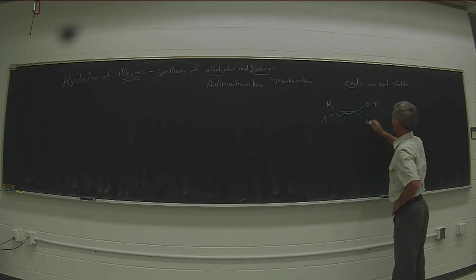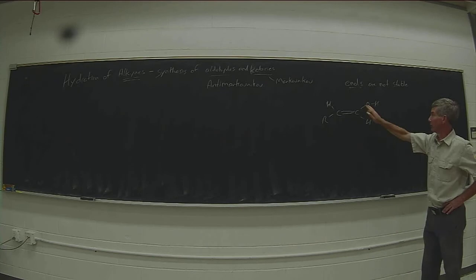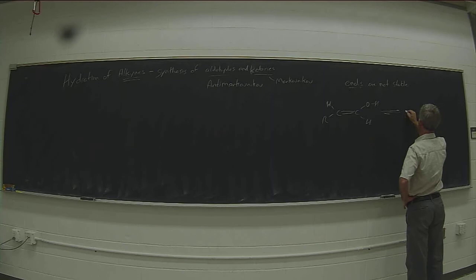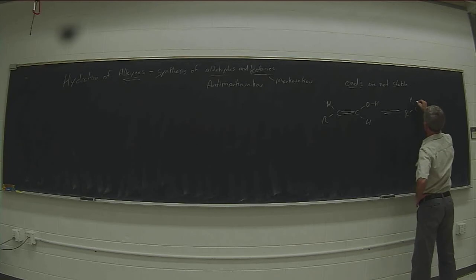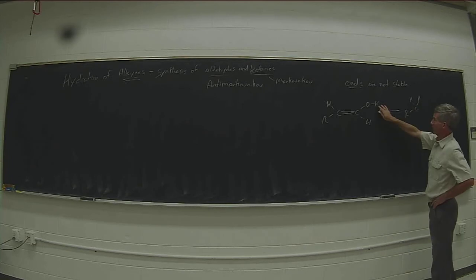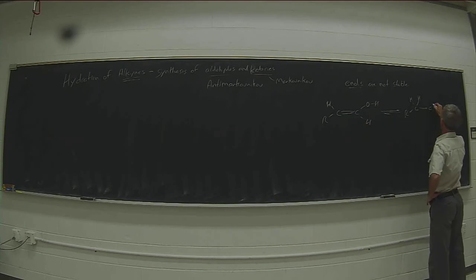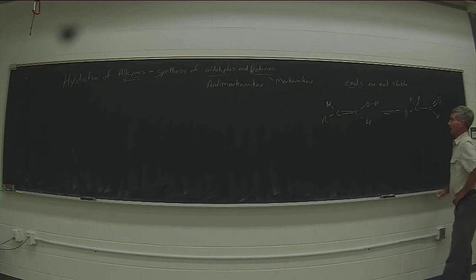And this is true whether it is a terminal enol like this one or an internal enol. So there's an equilibrium process that results in the transfer of the hydrogen from the oxygen to the adjacent carbon and the production of, in this case, the aldehyde.